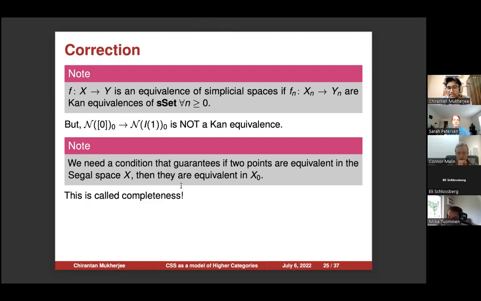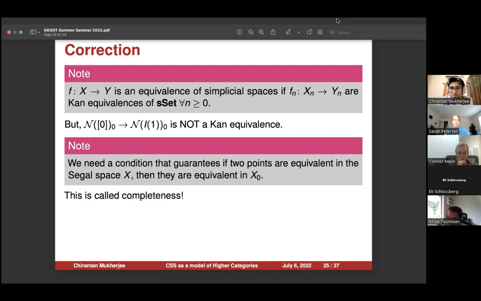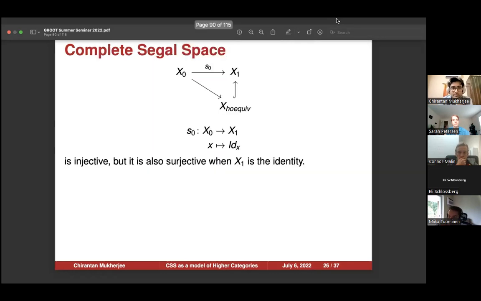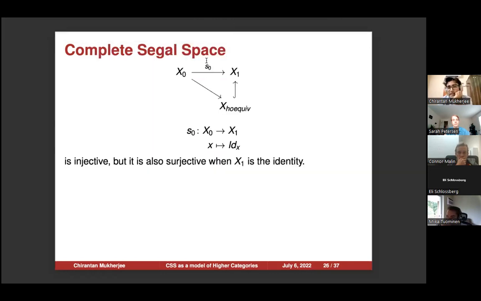So we need a condition that guarantees that if two points are equivalent in the Segal space, then they are equivalent in the objects, that is, they are equivalent in x0. And this is exactly the completeness condition. We have a degeneracy map S0 from x0 to x1, which factors through x ho equiv.